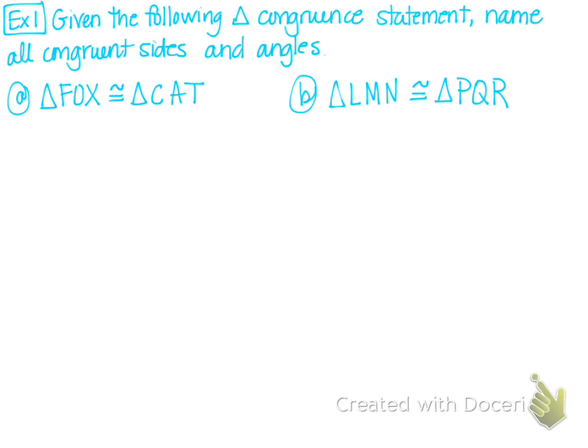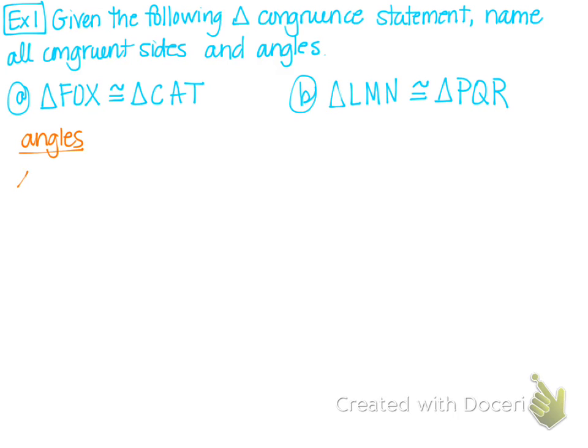So here's our first example. It says, given the following triangle congruent statement, name all congruent sides and angles. So we're going to use CPCTC because we know that these triangles are congruent to break it down to individual sides and angles. Let's do the angles first. The angles are normally pretty easy.